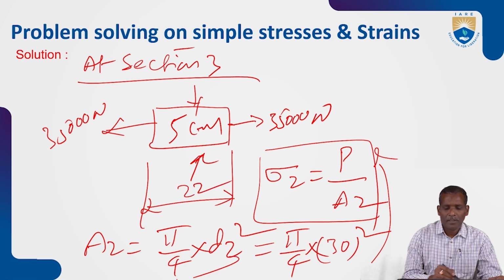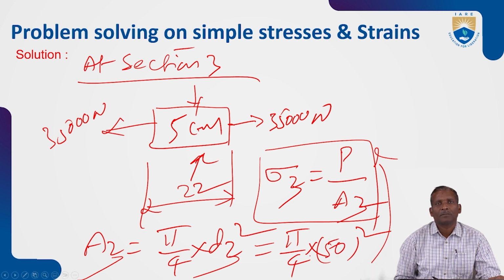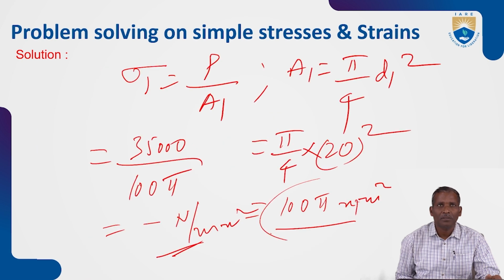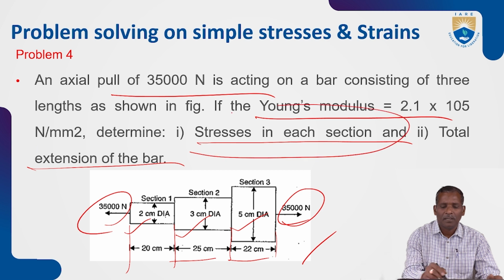Here calculate area 3, sigma 3. The diameter is 50 mm. So we will get the stress induced at section 3. Now, according to the given problem, the stresses in each section are already completed.